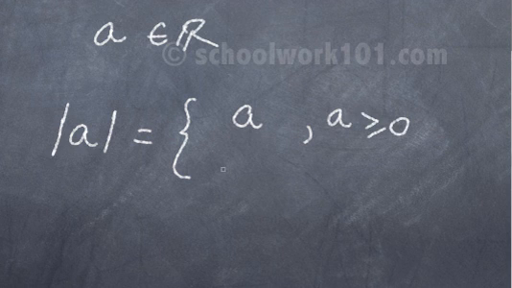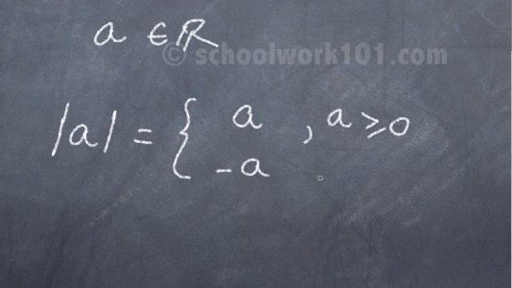And the way the definition is stated is that these vertical bars here is equal to this piecewise defined set over here, where A is greater than 0.